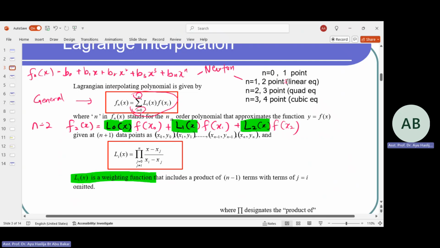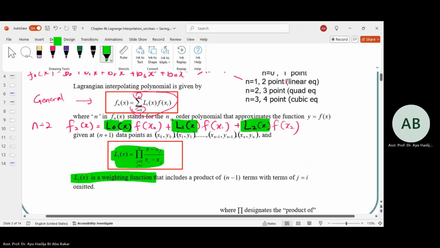That is Lagrange. Now, in Newton, we have a specific equation to find the B. Same with Lagrange, we use this to find the value of the L. Follow me closely.